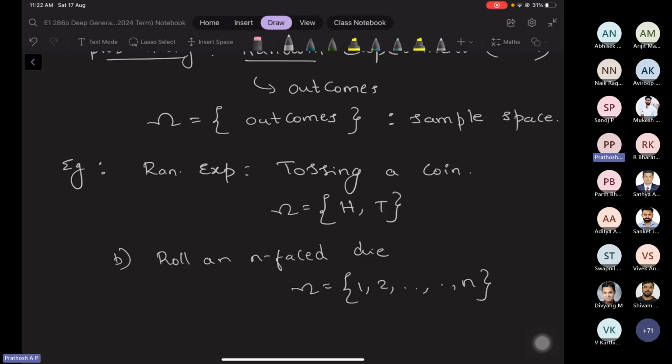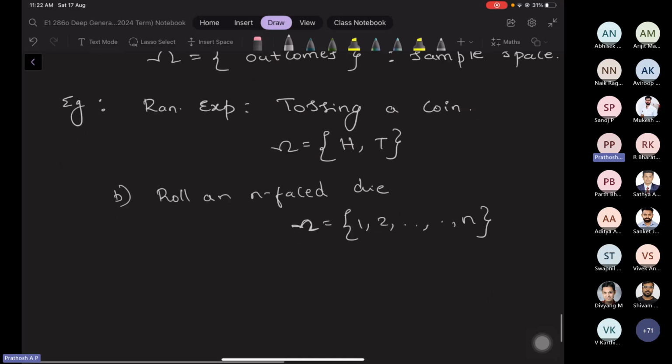An experiment that is being performed is called a random experiment. And the possible outcomes of that random experiment are just enlisted in a set, which is called the sample space.